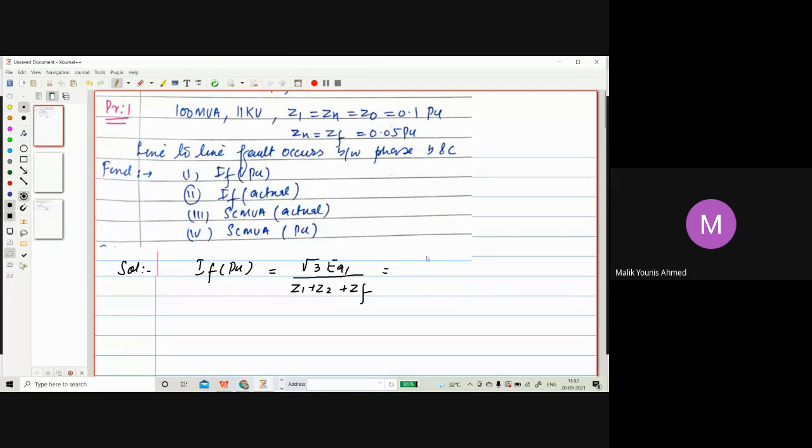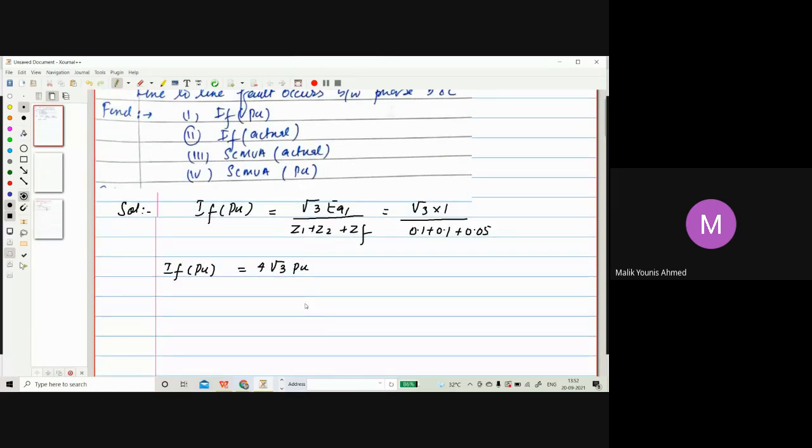So this we can write under root 3, EA1 obviously will be 1 per unit. Z1, Z2, zero sequence is not there. So that will be 0.1 plus 0.1 plus ZF is 0.05. So that value comes out to be IF in per unit is 4 under root 3 per unit. This is the value of IF in per unit.